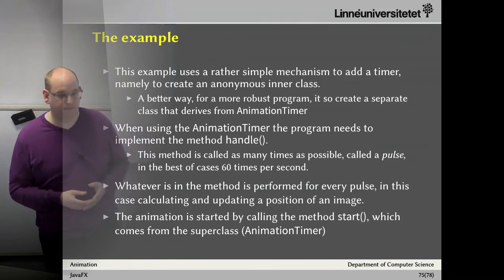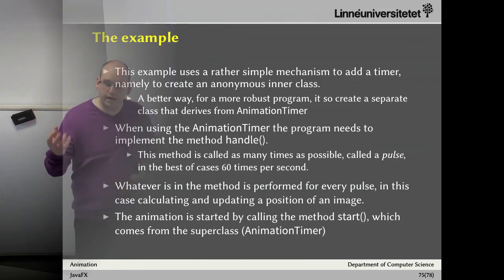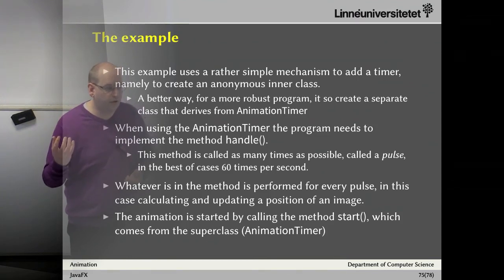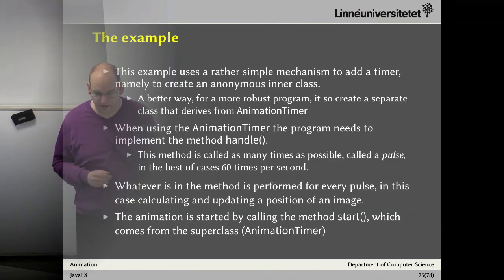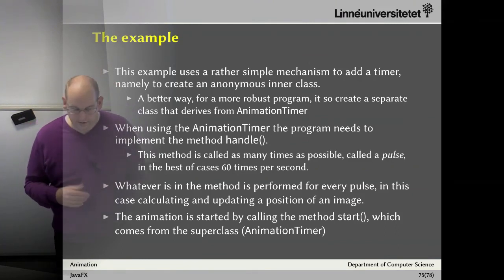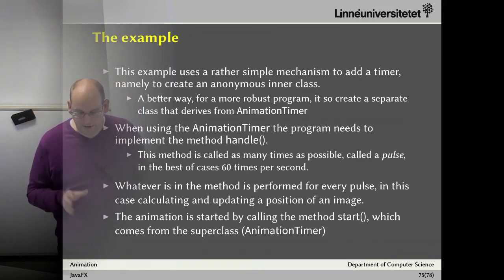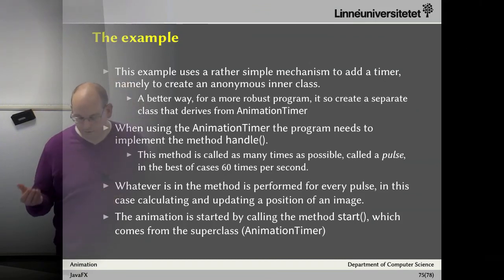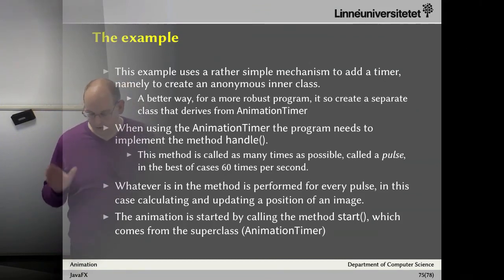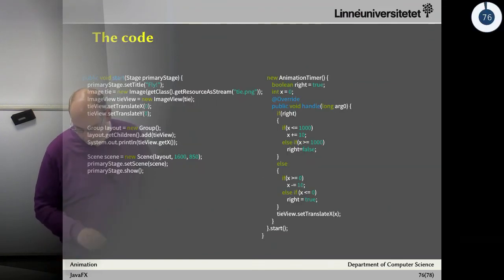For a more robust program, you should really create your own animation timer by inheriting from the animation timer, and set everything up in its own class instead. The animation timer needs to implement the method called handle, and this method is the one that's called 60 times per second. And in order for it to start, we again call the start method.